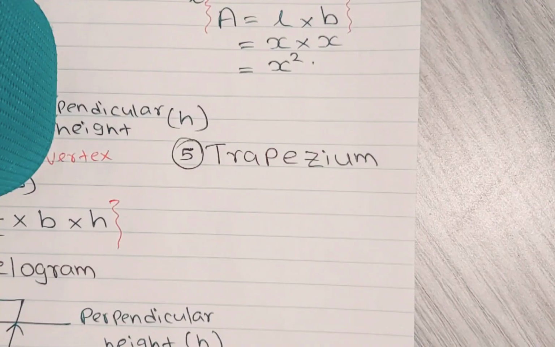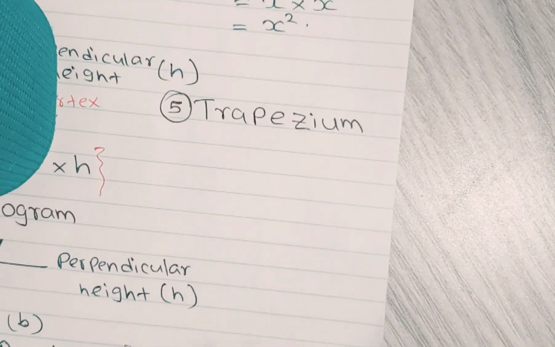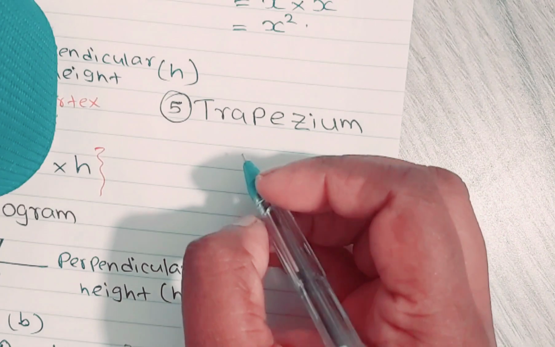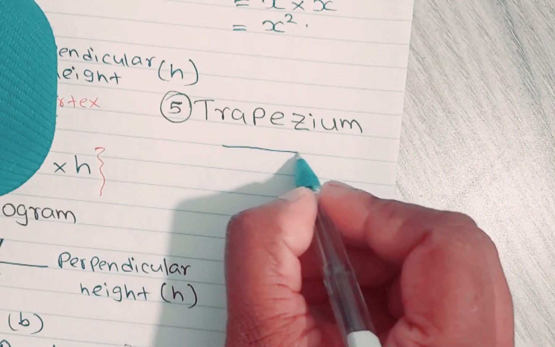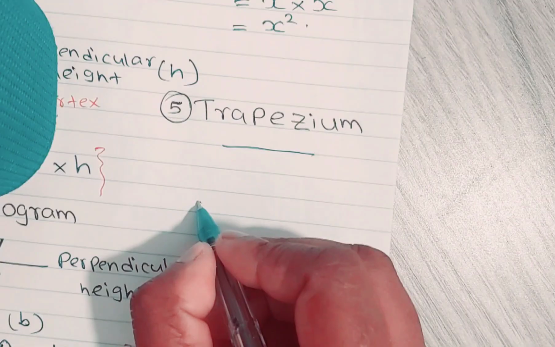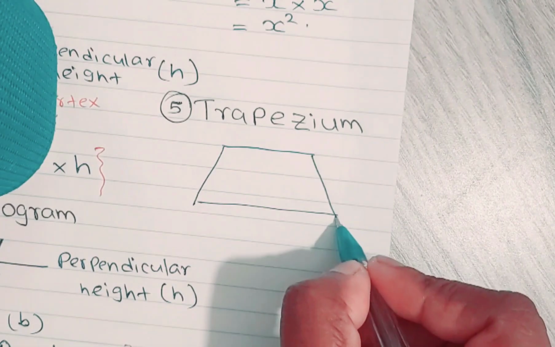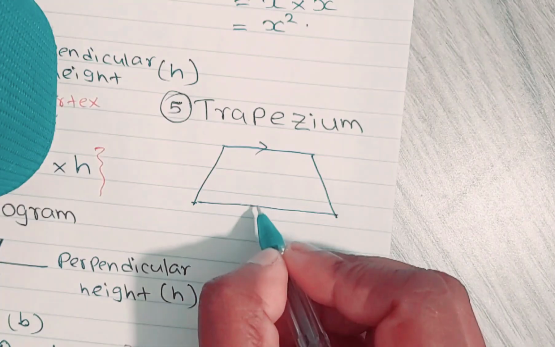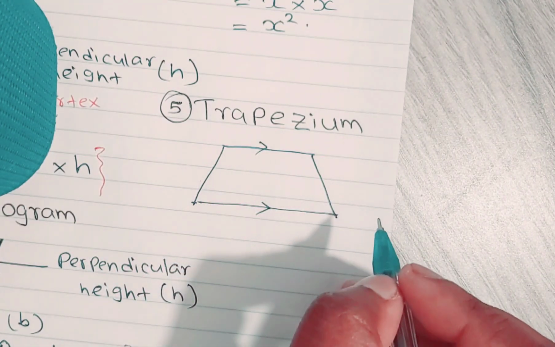Trapezium means that one also is the same as the parallelogram, but there are only two parallel sides. I can draw the trapezium like here. So in here you can see that these two sides are only parallel to each other, but these other two sides are not parallel to each other, right?